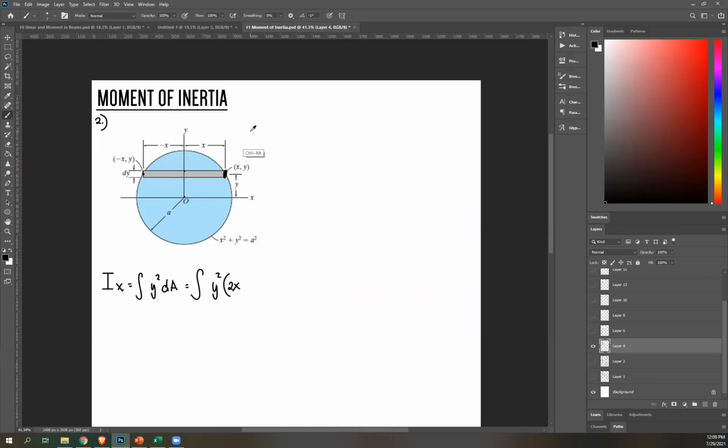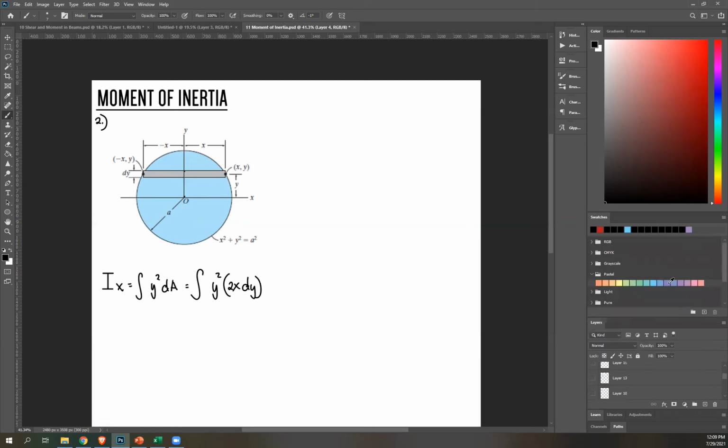And then height, that's your differential height, y, so dy. And then get the range of your element. The lowest range of this is at this point, and the highest range is here. At this point, the bottom of your circle, your reference is from this point, which is again at the center.